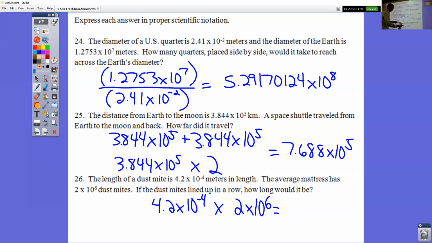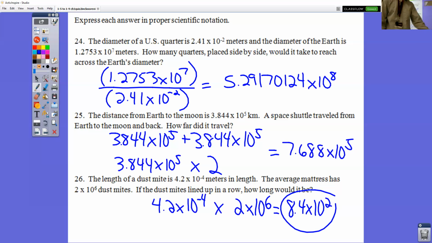Just type it right into the calculator. You should end up with 8.4 times 10 to the 2nd power when you multiply. So your calculator is very, very important for this quiz. Make sure that you know how to type things in, and don't forget when you do a dividing question, you have to use the parentheses.